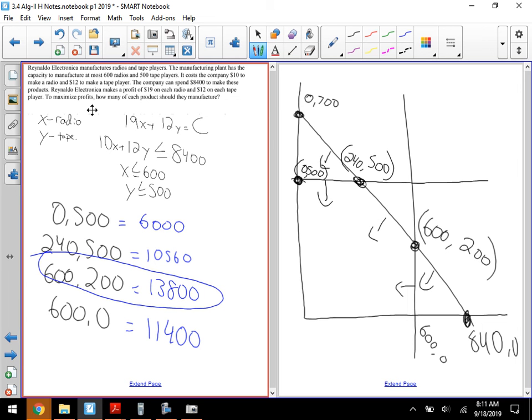If you flip-flop those two, you would have had the same answer, you just would have written the order differently. Your graph would have just been moved around, and you'll get the same results. There we go.